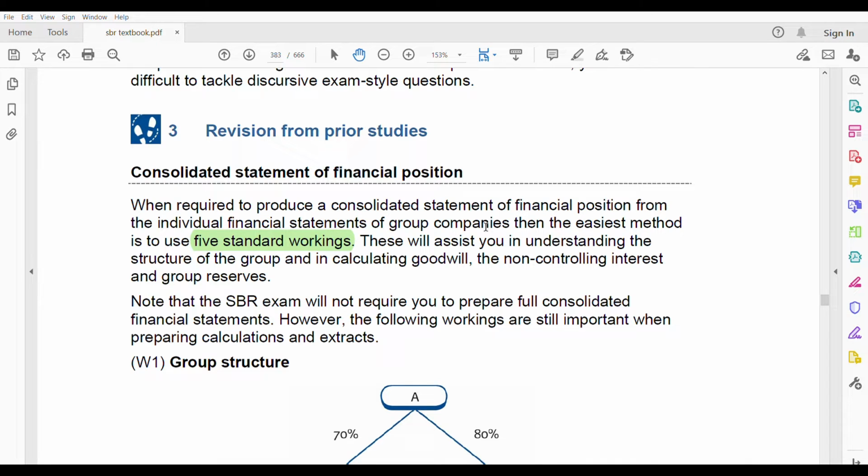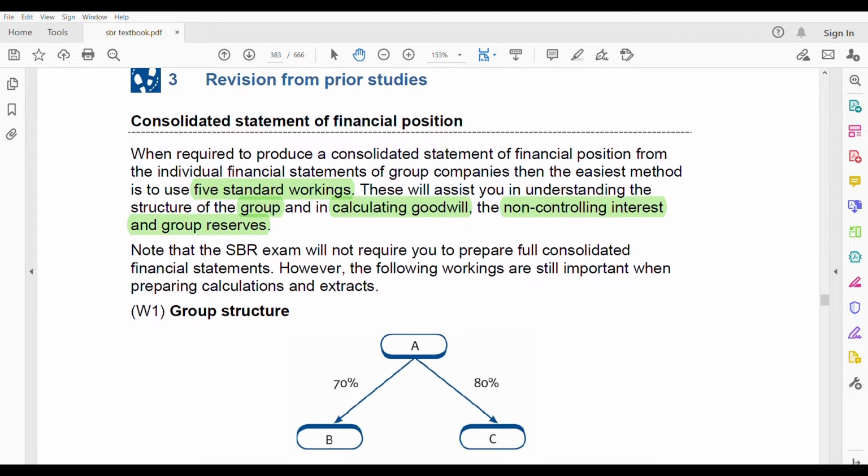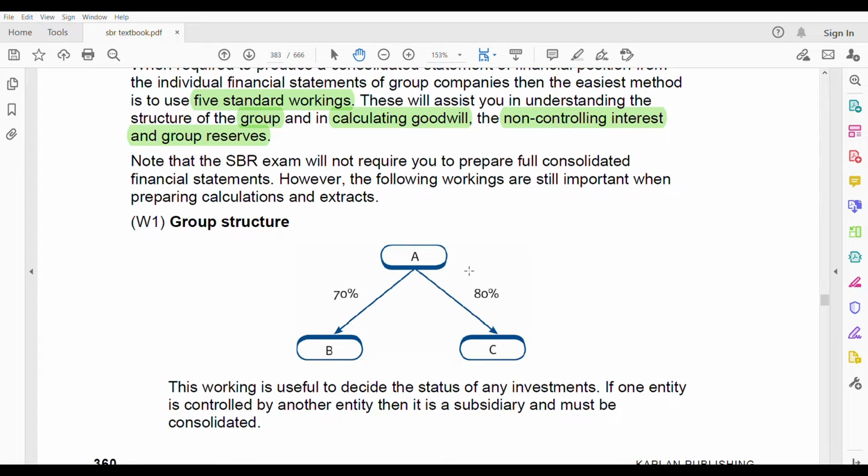Because, number one, this gives you the structure of the group, and also you can calculate goodwill, NCI and group reserves. Even though you don't have to make full consolidated financial statements, keep your workings always, because workings are very important when you're preparing calculations later on, and even to make extracts you need workings. So keep your working one always as group structure.